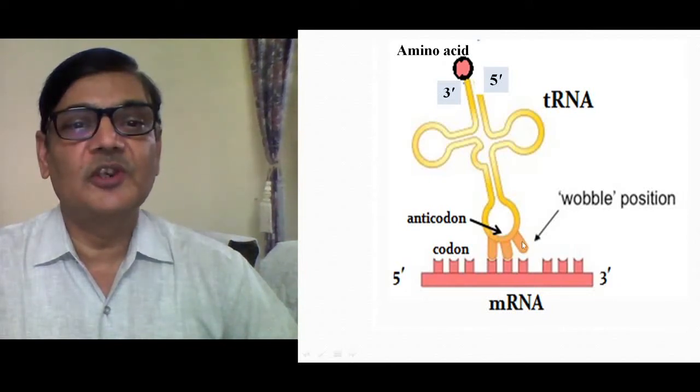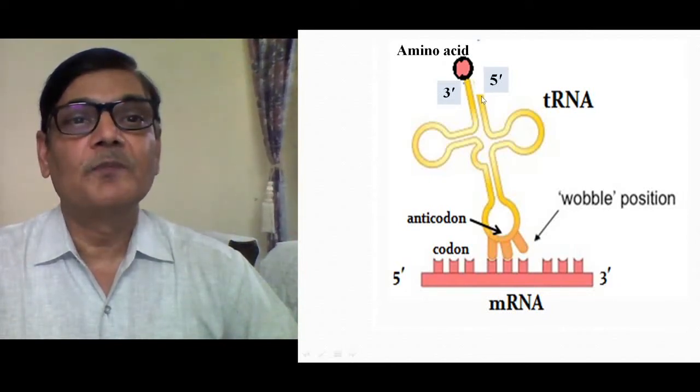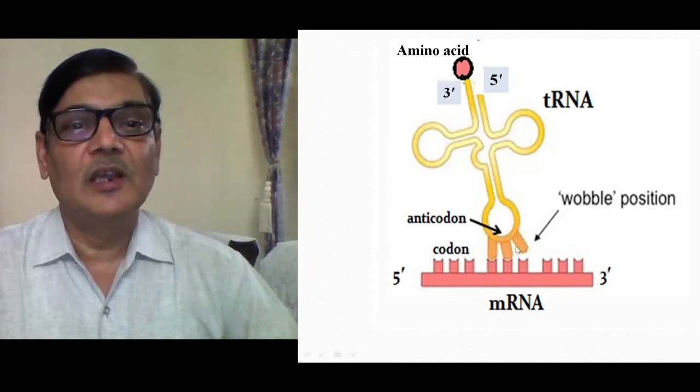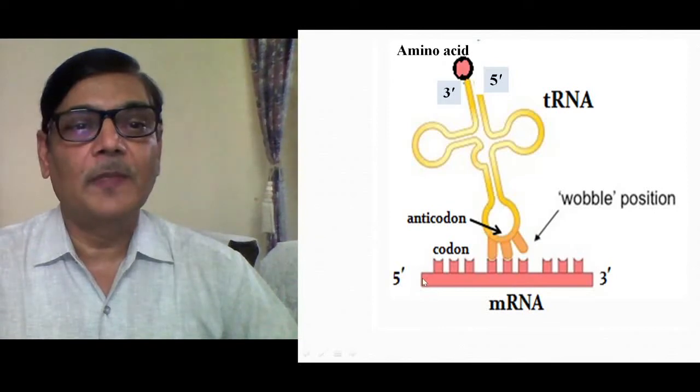So this is the first nucleotide because it is at the 5' end. This one is second and this is third. Whereas if you observe the messenger RNA, in this codon, this is the first letter, this is the second letter and this is the third letter.